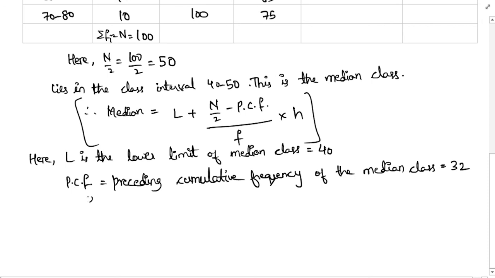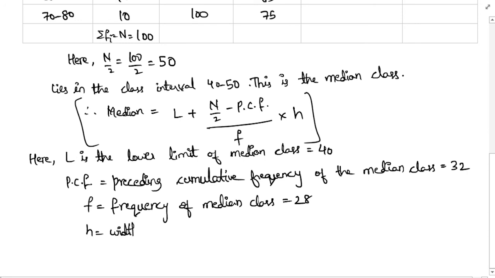That is, f is equal to the frequency of the median class, which is 28. Then h, that is the width of the median class, is equal to 10.